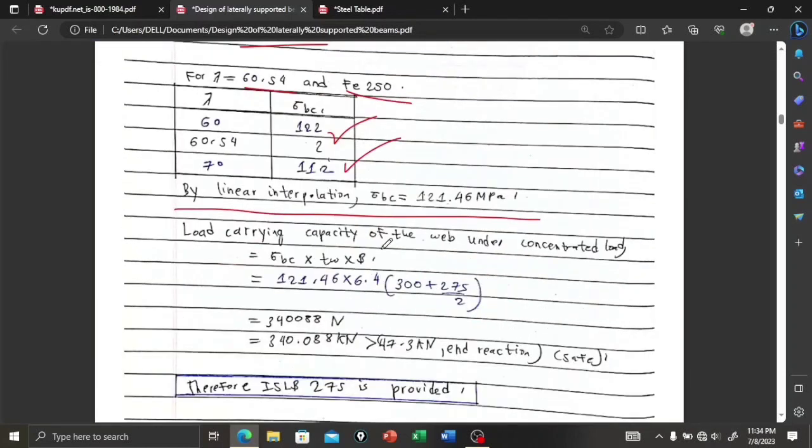Load carrying capacity of the web under concentrated load is sigma bc into area, which is tw into b. So sigma bc is 121.46, and tw is the thickness of web, 6.4, and b is 300. This is the width of support plus 275.